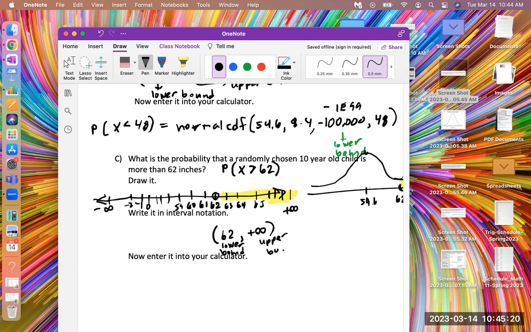So how are we going to do that on our calculator? I'll just write it out.